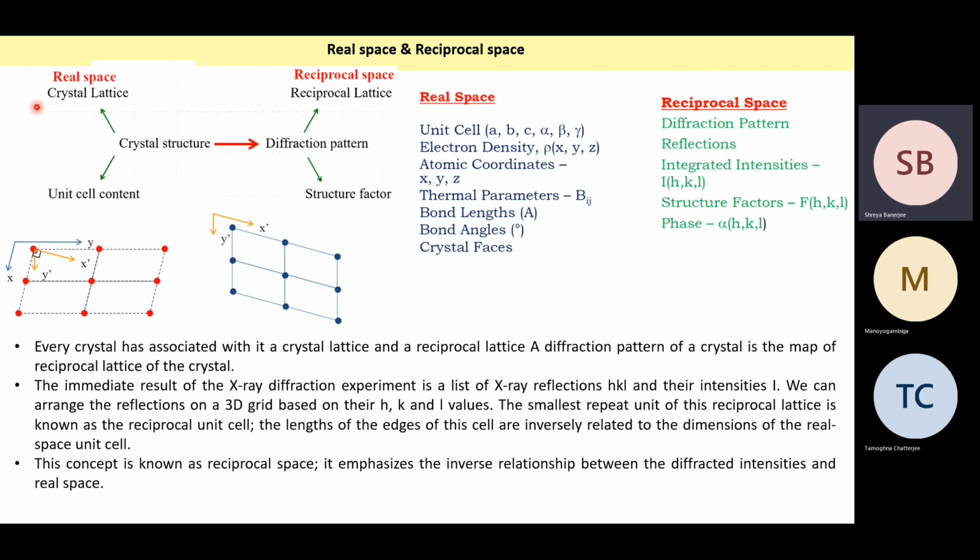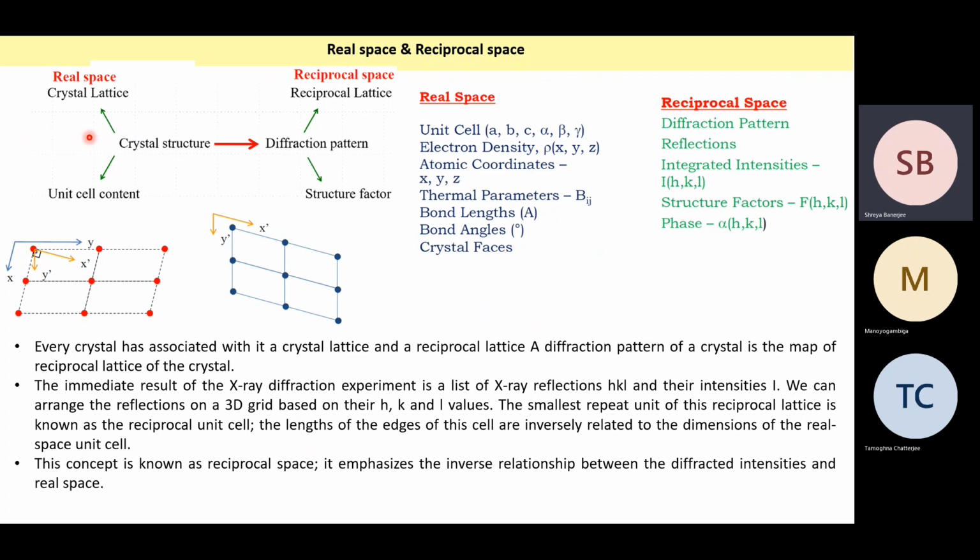Now that we have talked about the crystal and diffraction, you need to understand real space and reciprocal space. So basically, every crystal has associated with it a crystal lattice and a reciprocal lattice.